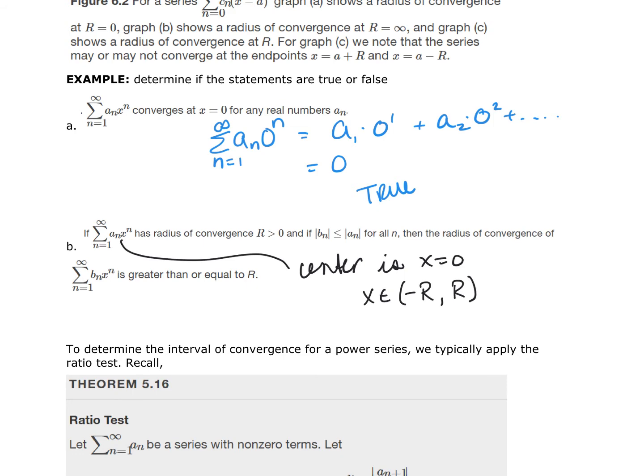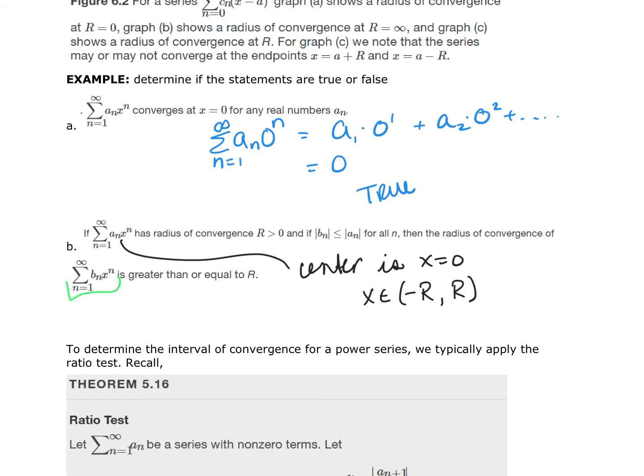Since the coefficients on my second series are less than the coefficients on the first series, then I know that if a sub n, x raised to the n, that series converges, that means b sub n, x to the n, also has to converge, and it's going to converge in the same interval, at least the same interval, if not larger.